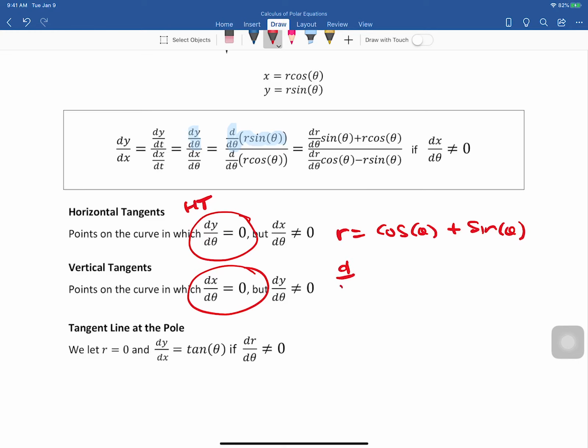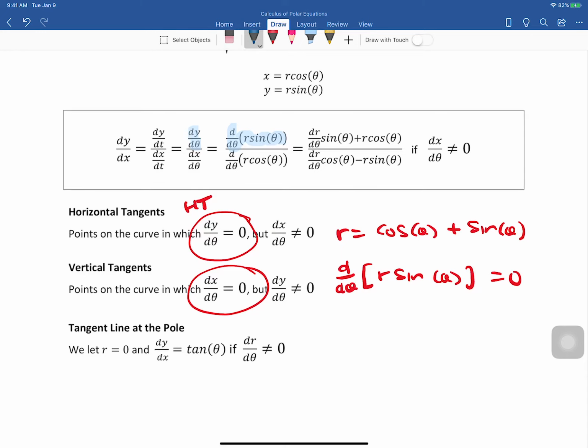So I'm going to have to differentiate r sine theta, and we set that equal to 0, but don't forget what r is. It's cosine theta plus sine theta. We have it right here. So we need to do this product, and I'm going to do it on the iPad since I'm running out of space here.